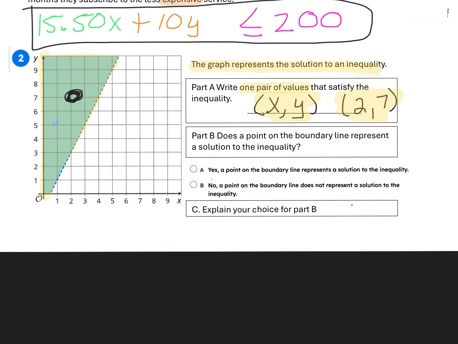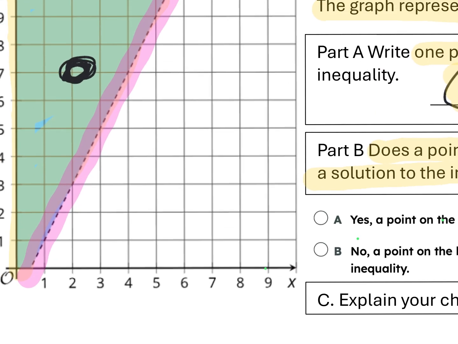For part B, it is asking, does a point on the boundary line represent a solution to the inequality? So the boundary line is right here, and you can see that this is a dotted line, not a solid line.